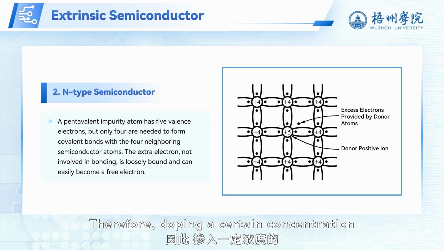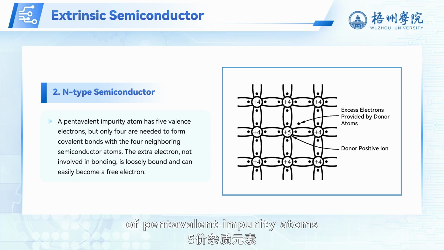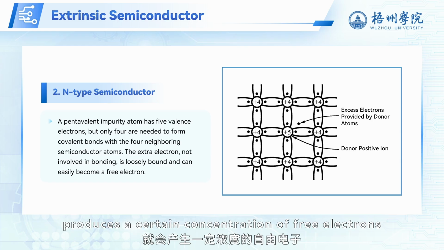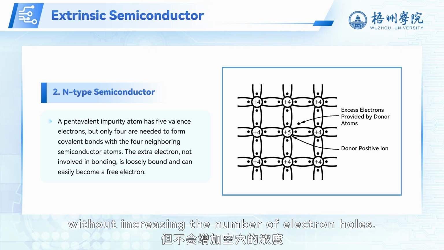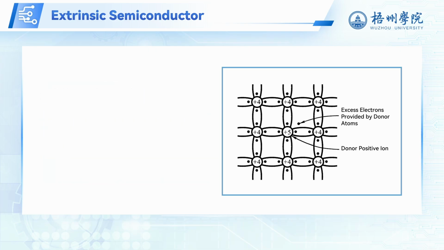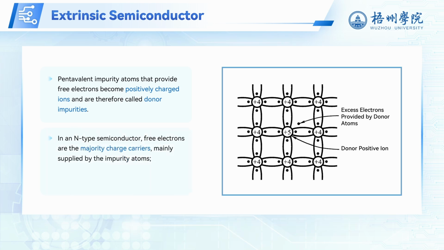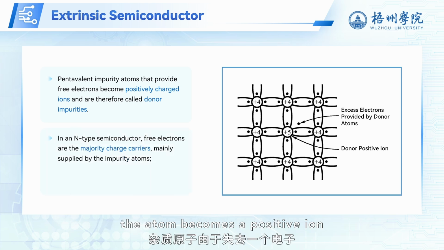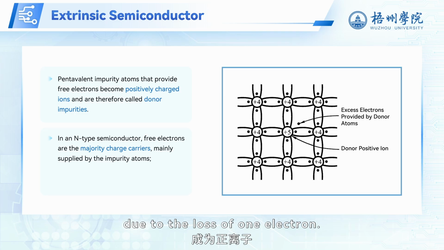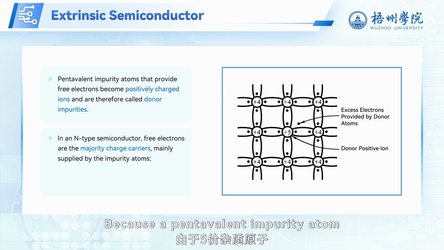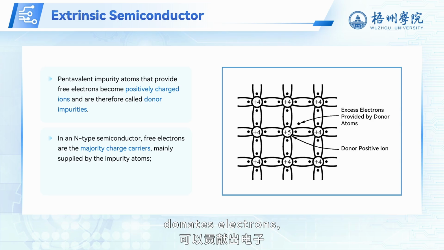Therefore, doping a certain concentration of pentavalent impurity atoms produces a certain concentration of free electrons without increasing the number of electron holes. When the electron leaves the pentavalent impurity atom, the atom becomes a positive ion due to the loss of 1 electron. Because a pentavalent impurity atom donates electrons, it is called a donor impurity.